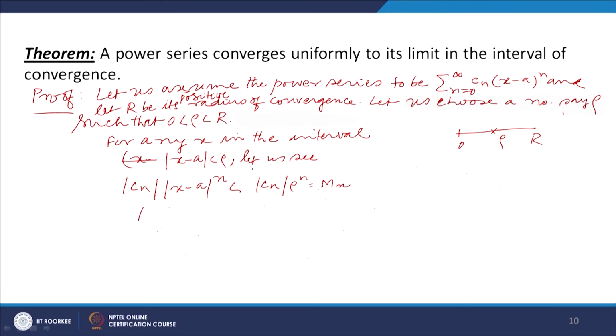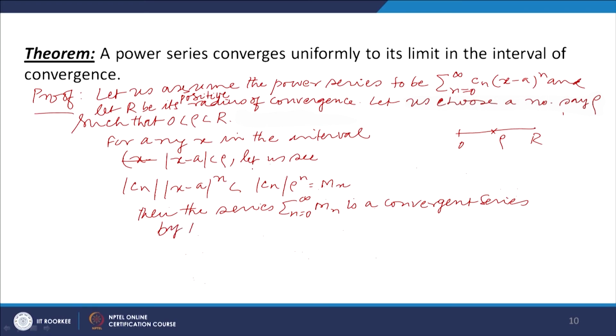Okay. Then the series sigma n equal to 0 to infinity Mn is a convergent series. Let us see why it is a convergent series. We can apply the ratio test. Okay, Mn is mod of Cn raised to the power 1 by n. So, sorry, we can apply the root test.